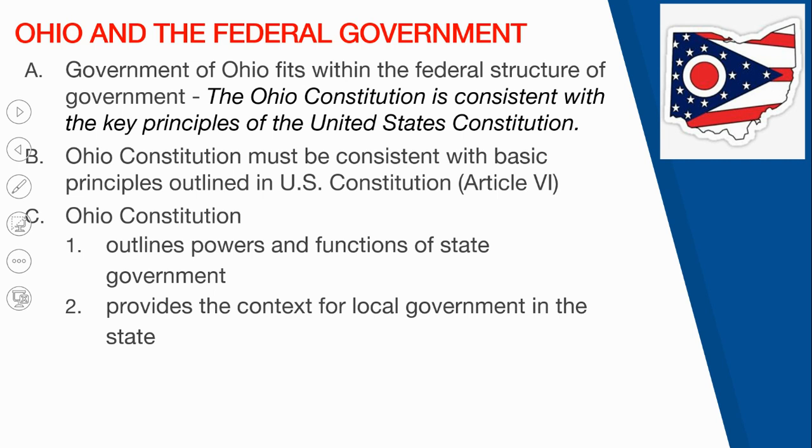And then, again, just the basics here. The Ohio Constitution outlines powers and functions of the state government, and then gives the local governments their marching orders, per se. So if Brunswick wants to do something, they have to follow the state of Ohio laws.